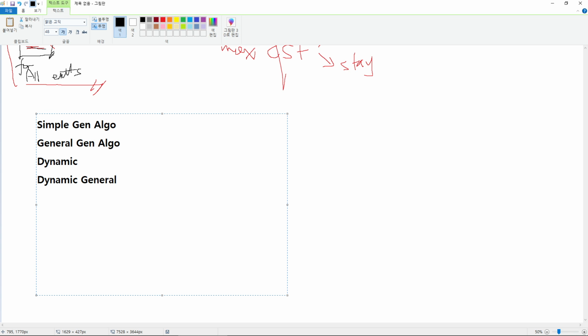So it was simple genetic algorithm, general genetic algorithm, dynamic general algorithm, and now, as I've said in one of my previous very recent videos, I need to go into chaotic genetic algo.